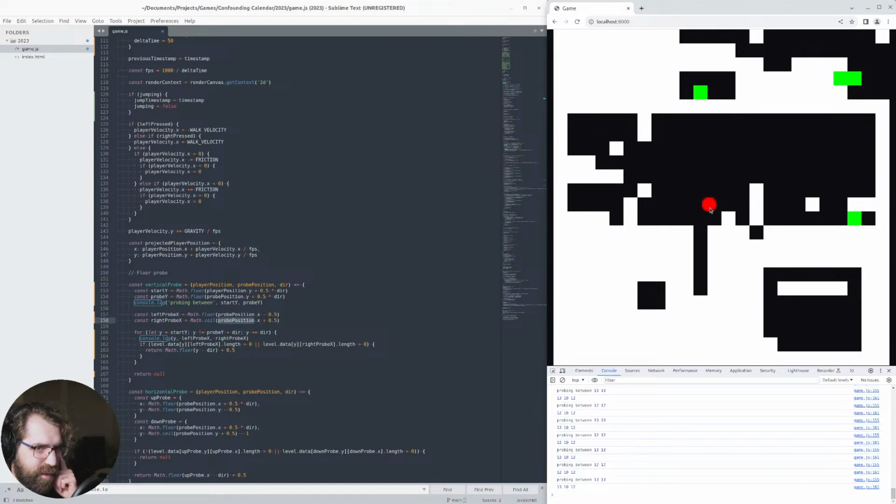Right probe X is probe position, which will be in the same position as the player, plus 0.5. Sealed up, yeah, it's going to end up being that number. But why was this working fine before? There was a reason I was doing it like that.